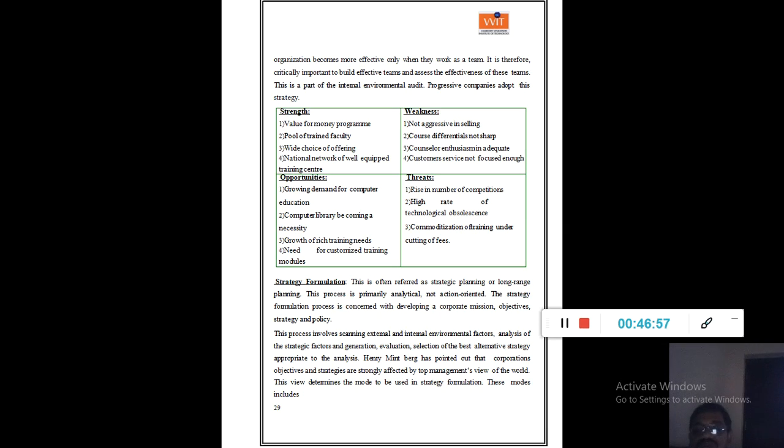Strategy formulation and strategy implementation are also considered in this particular unit.